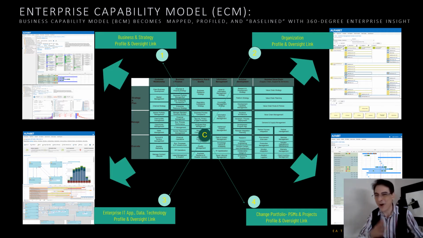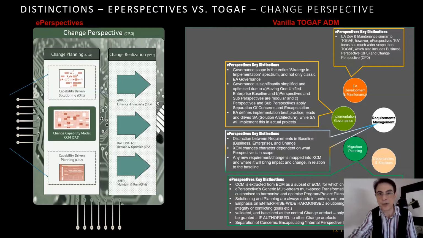And it's not Wild West style where everybody has their own version of the data and changes it, and somebody has the impossible task of consolidating all that. So this is a key foundation for everything we do. ECM is a key foundation for everything we do within the ePerspectives framework.